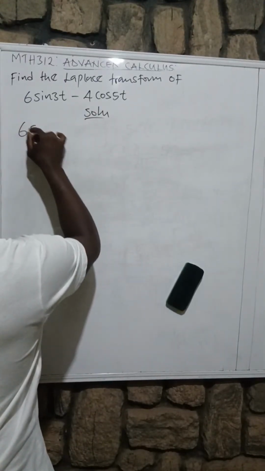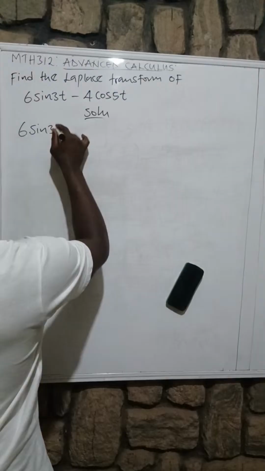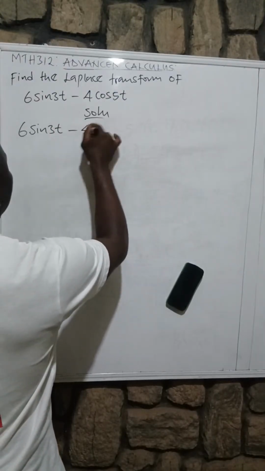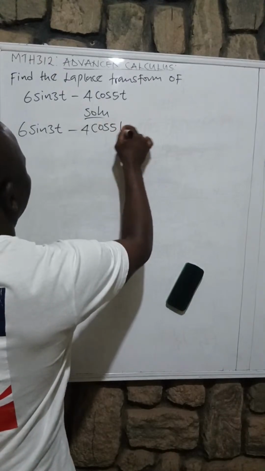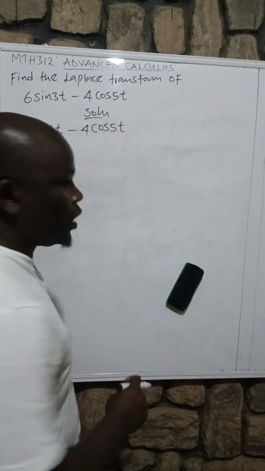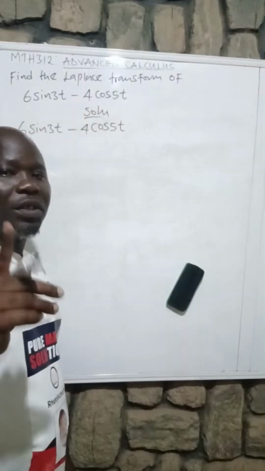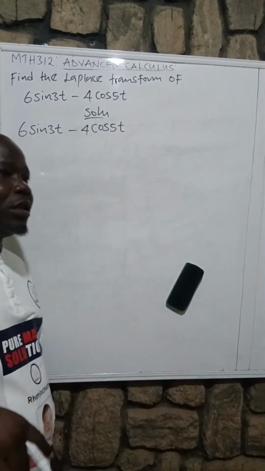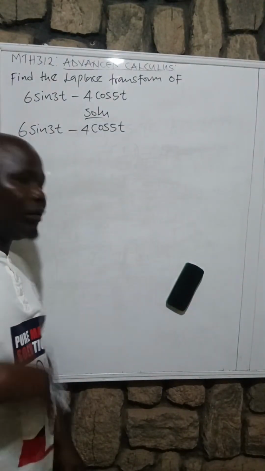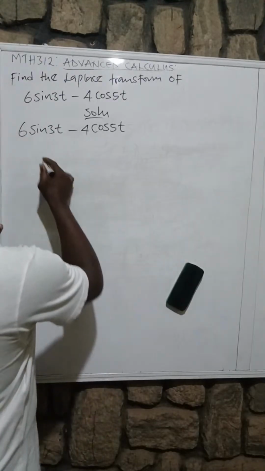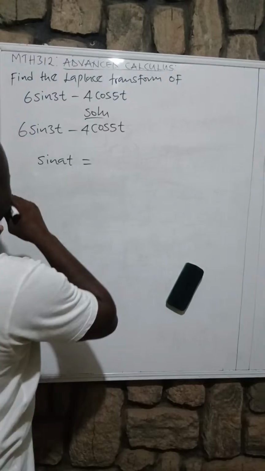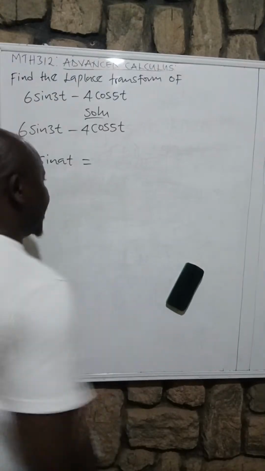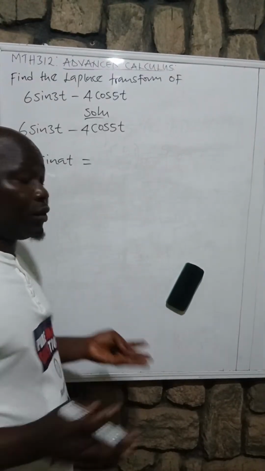6 sine 3t minus 4 cos 5t. I want us to remember something. One of the properties: if we have sine at, it is the same thing as your hyperbolic functions.